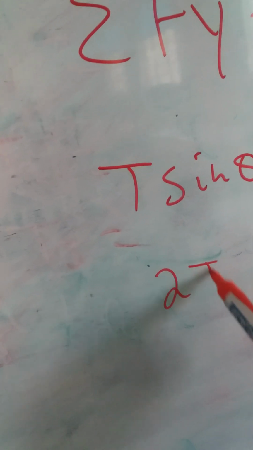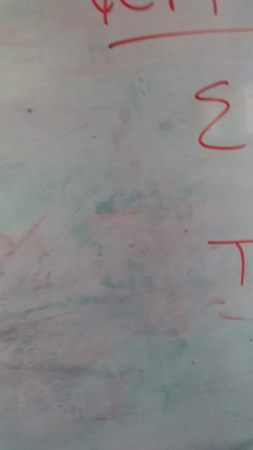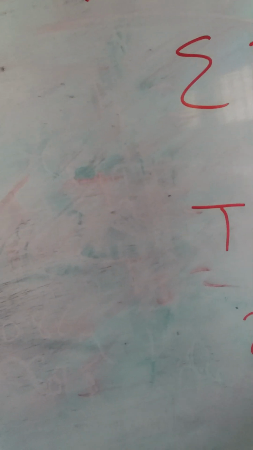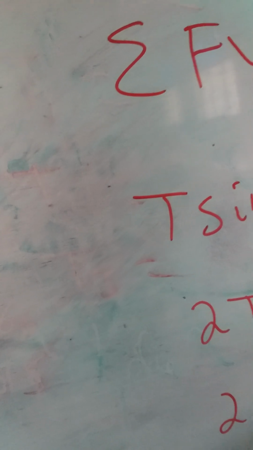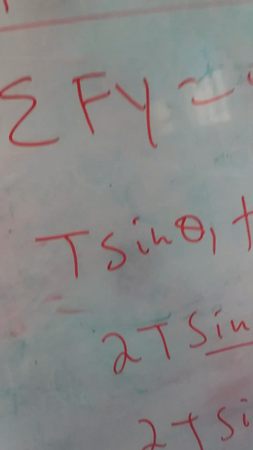Since theta 1 is equal to theta 2, we have 2T sine theta equal to the weight. Our weight is already given, which is 250 Newton. So 2T sine 30 degrees is 250 Newton.